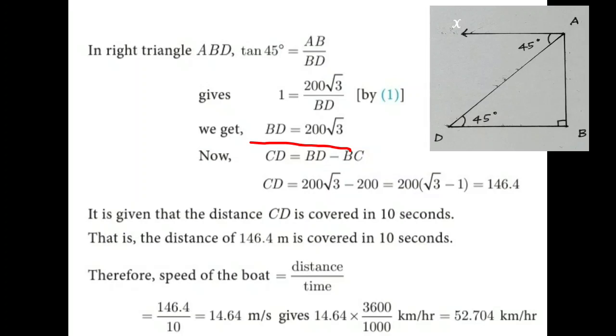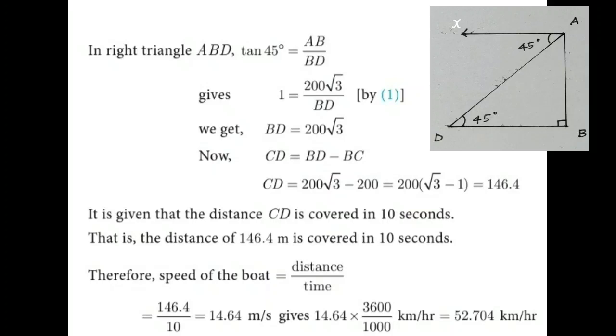Now CD is equal to BD minus BC, then total distance minus BC, then CD is equal to 200 root 3 minus 200. Here taking 200 as common, then CD is equal to 200 into root 3 minus 1.